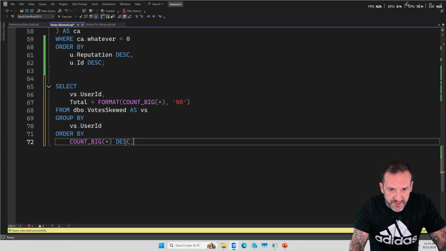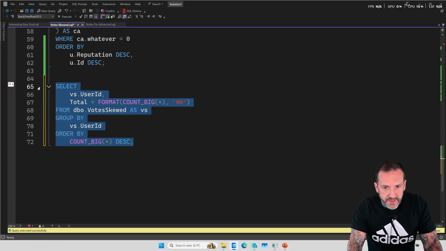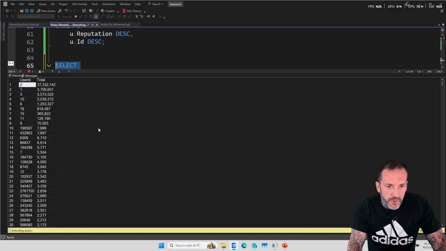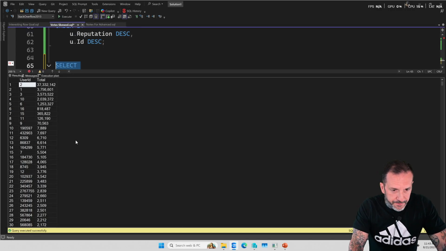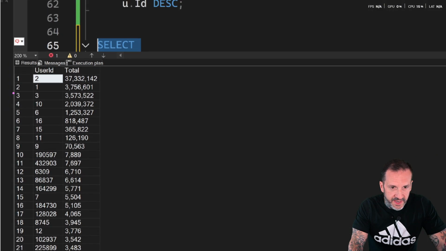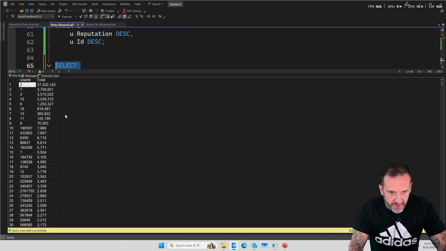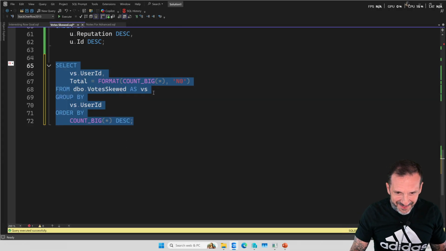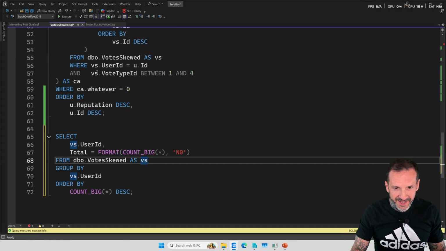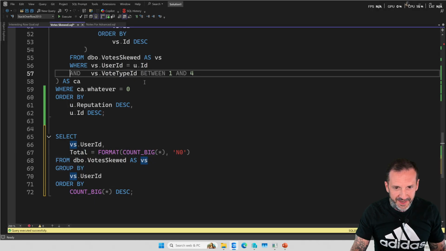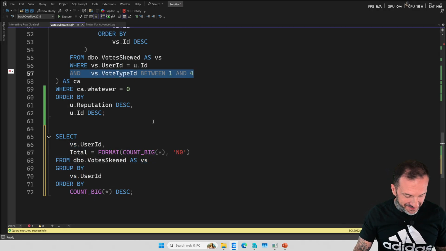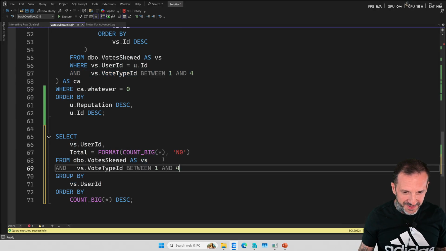And just to sort of finish things out, this is what the votes skewed table looks like as far as distributions in here go. So I suppose I should probably limit this to something a little bit more useful, because we have where vote type ID is between 1 and 4 here. So let's actually add that in down here. Let's not be silly and foolish with ourselves.